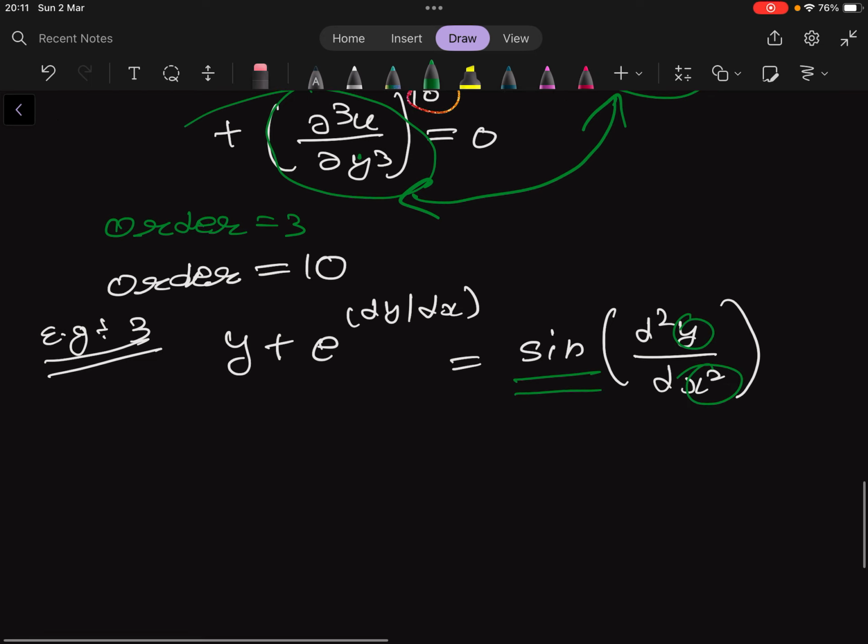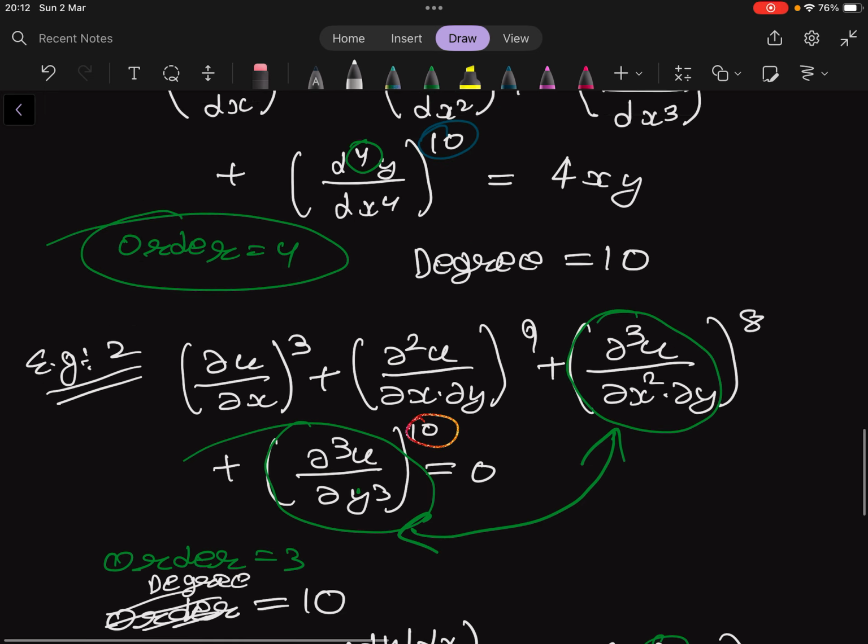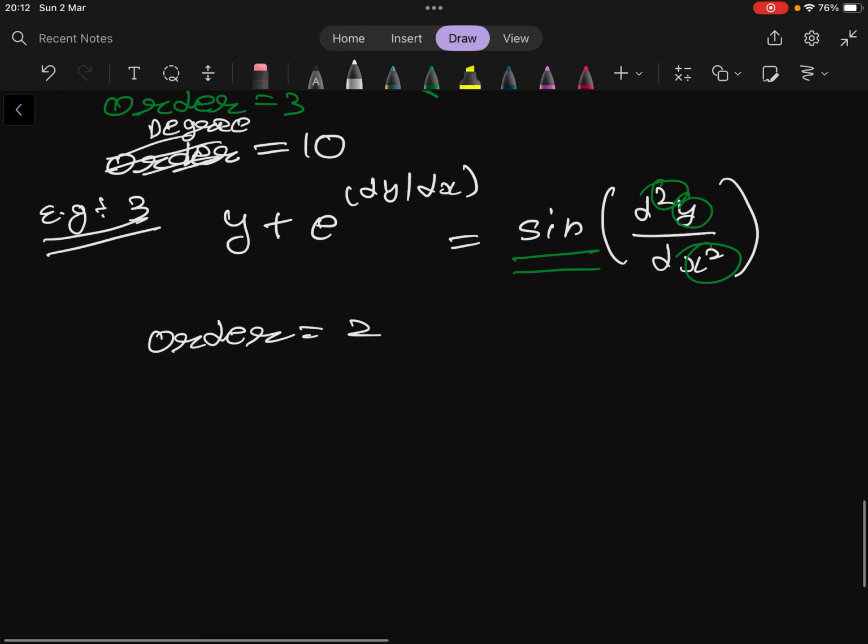In this case we can find the order, which is 2. But since this sine term consists of y and x terms, we cannot calculate the degree. So for this equation, the degree doesn't exist.